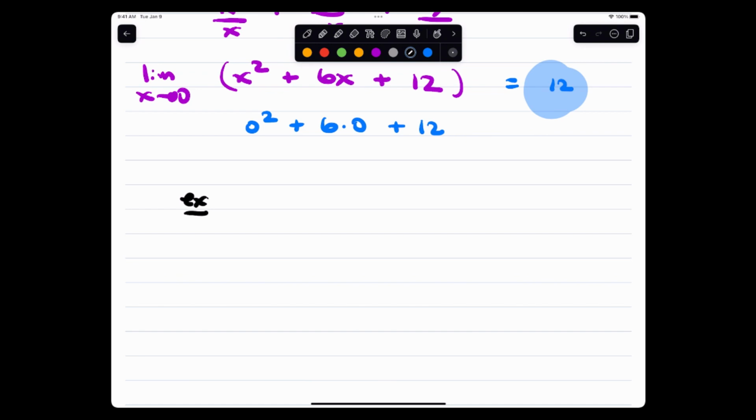Professor, are we going to have problems where the leading term has a coefficient? Like where we have to factor, let's say instead of x cubed, we have 3x cubed, and then we have to factor that way.